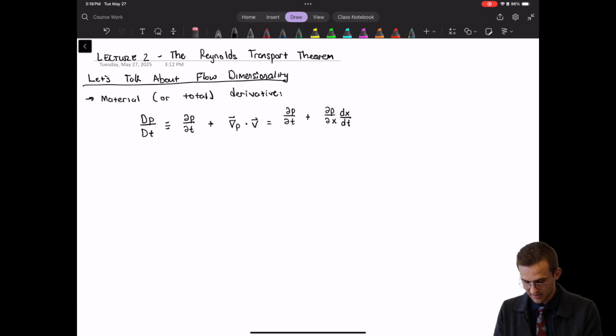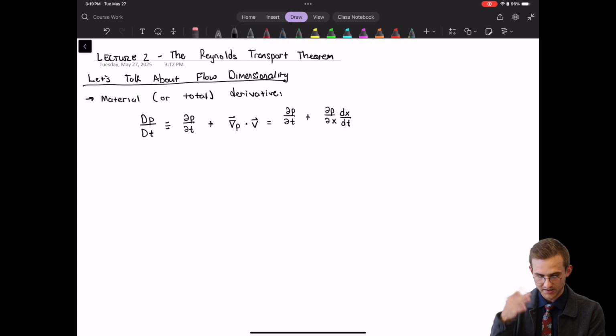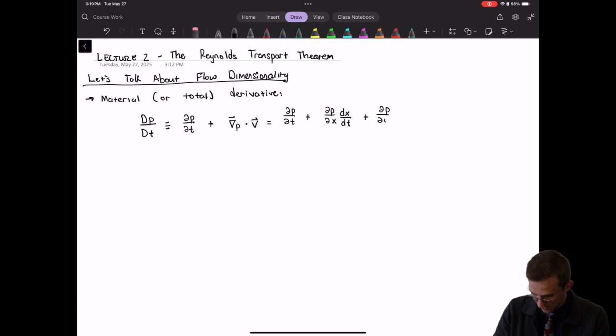So notice that the dP dx is a partial derivative, and the dx dt is a total derivative, and that's because it's the derivative of a dependent variable. The dx dt itself forms a new dependent variable of the system, and then it's del p del y times dy dt plus del p del z, partial derivative of pressure with respect to z, times dz dt.